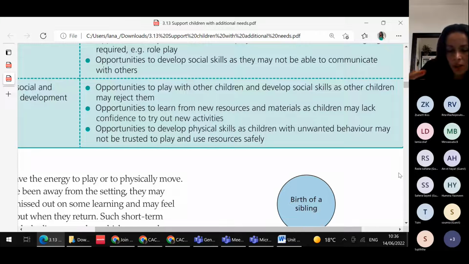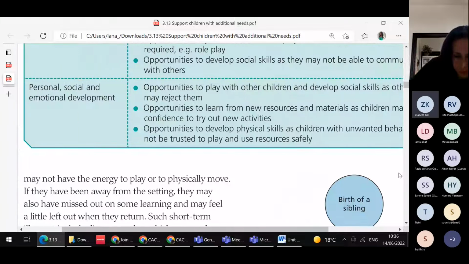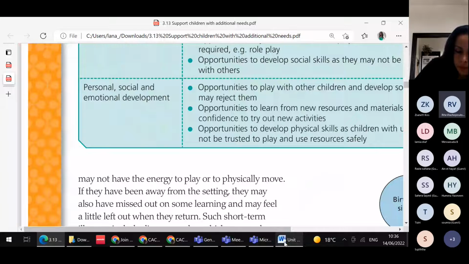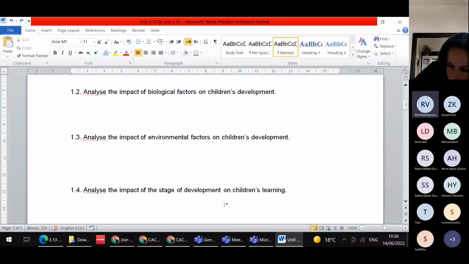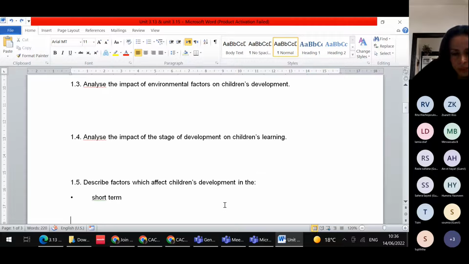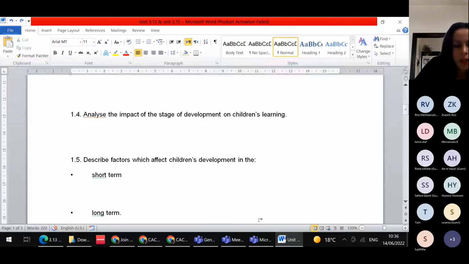So that will all make him unhappy, and he is also most likely to be bullied by other kids. Could be, yes, exactly. Could get bullied, could be feeling rejected by other children because he's not able to do the same tasks as them. Exactly, well done, thank you.